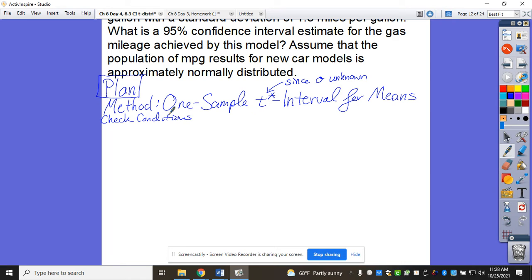What's our first condition to check? What do I write here? Usually I say stated. What does this one actually state? Is that random assignment or random selection?